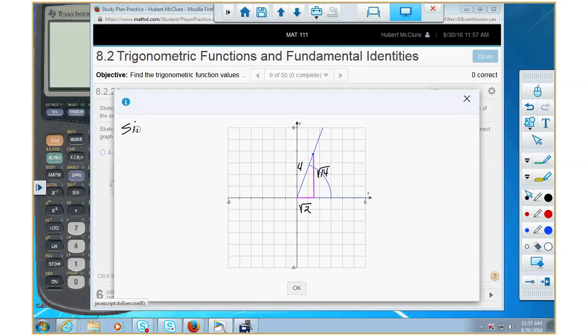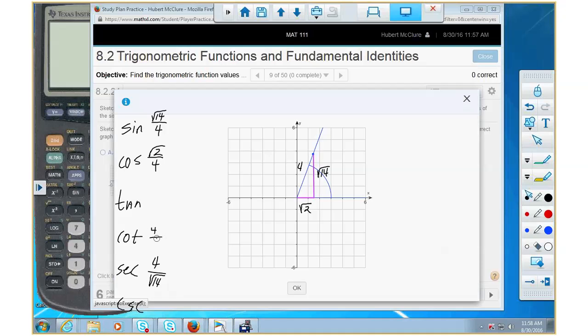Sine, cosine, tangent, cotangent, secant, cosecant. The sine is going to be equal to opposite over hypotenuse, which would be square root of 14 over 4. The cosecant is 4 over square root of 14. Then cosine would be adjacent over hypotenuse, square root of 2 over 4.